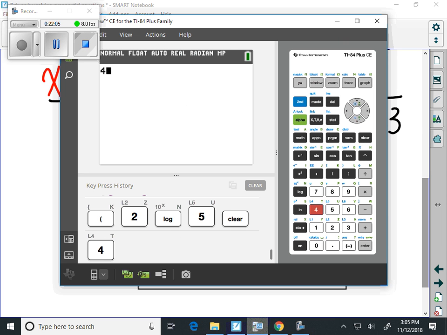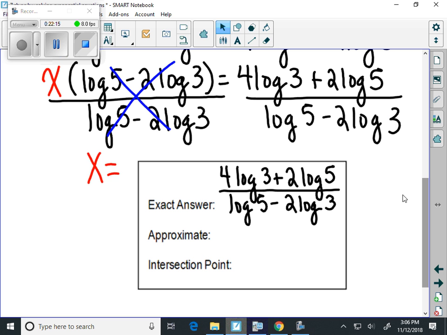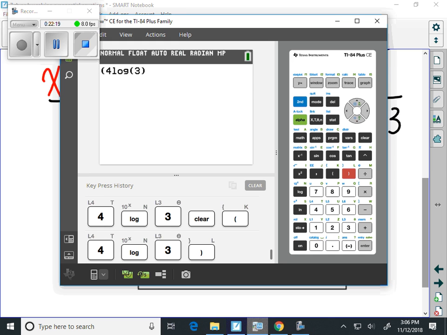4 log 3. I didn't put the parentheses in. One more time. Parentheses, 4 log 3. Close that parenthesis. Plus 2 log 5. Close the parentheses. Close it again.